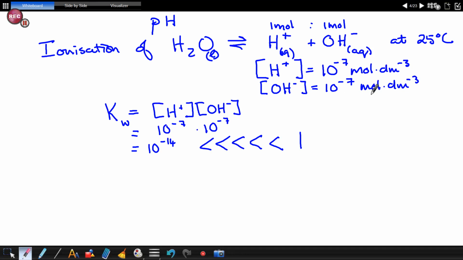So we've got sulfuric acid, H2SO4, and the concentration of this solution is 0.5 mole per cubic decimeter.